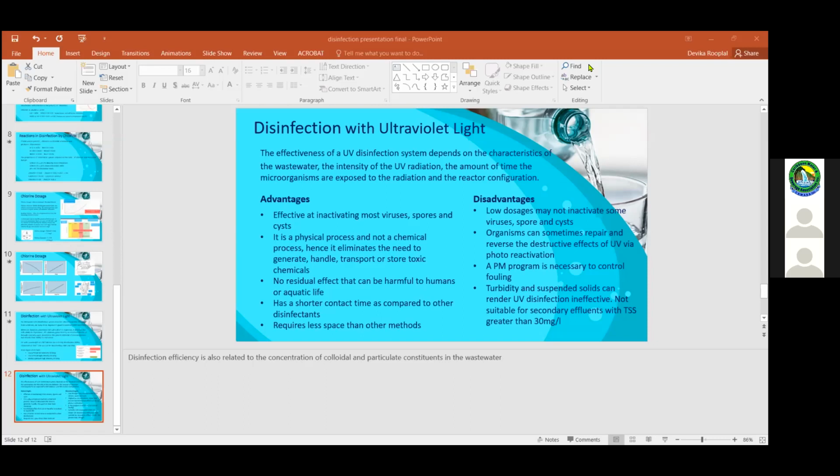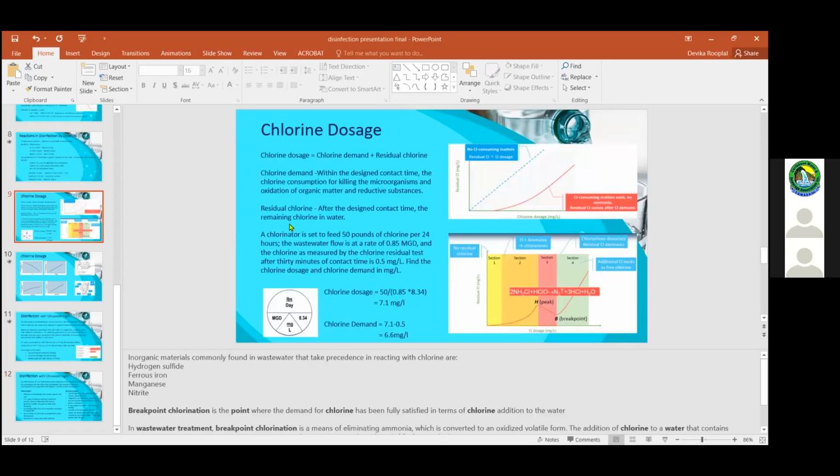So you will have an idea, but you will never be exact. You work with approximations, a general average of what my wastewater composition is, and say this is what I'm going to do. I think that is where we went through this chlorine dosage section here. You set your chlorinator to something, and you just have to go through the process and see what is coming out at the end.